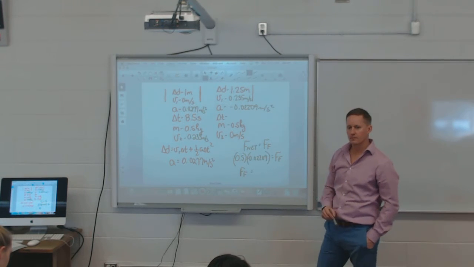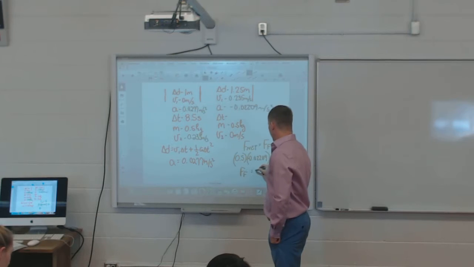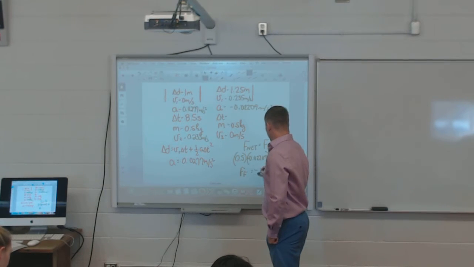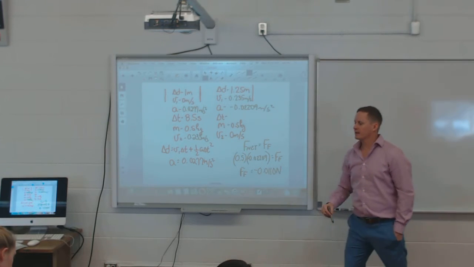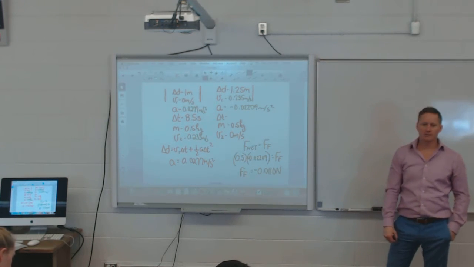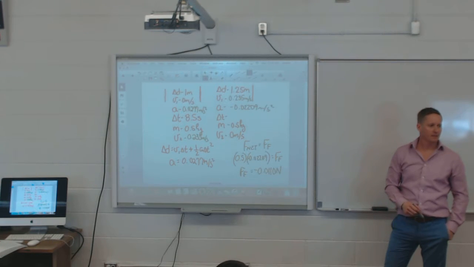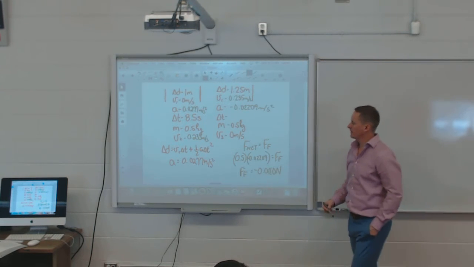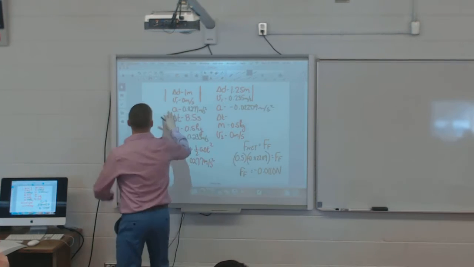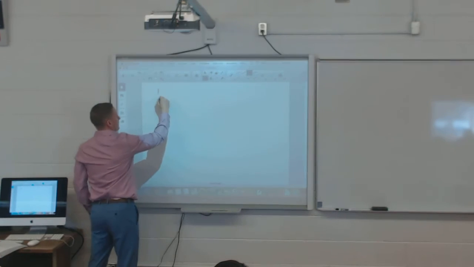Negative 0.0110. So there is my frictional force. So far so good? So why did I find that? Well, I have to use that in equation 1 now.